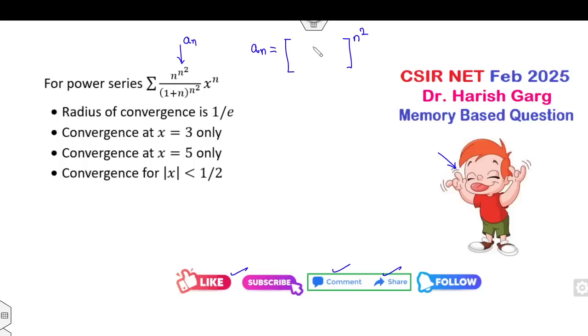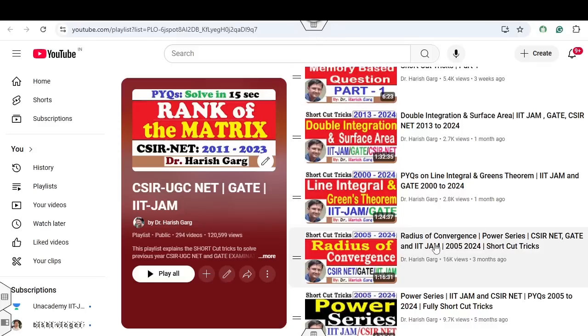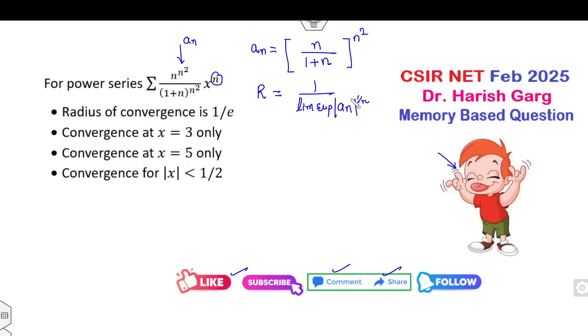I can take n square as a common, n over, fine. So first find the radius of convergence, 1 over limit supremum of a_n raised to power 1 over n. Listen to this lecture carefully again, you will find out whether it is 1 over n and n square.